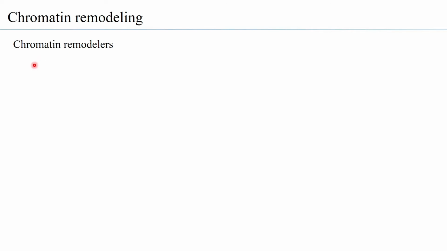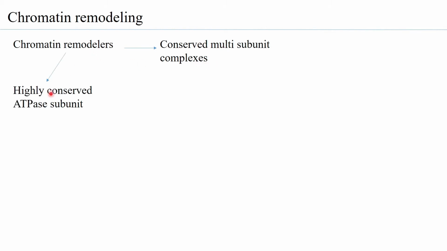Now we go to another group of molecules that help in rearranging the chromatin, called chromatin remodelers. The word itself suggests that these are molecular complexes that help rearrange the chromatin. Most remodelers are conserved multi-subunit complexes, and they have a highly conserved ATPase subunit. All chromatin remodelers will definitely have an ATPase subunit.